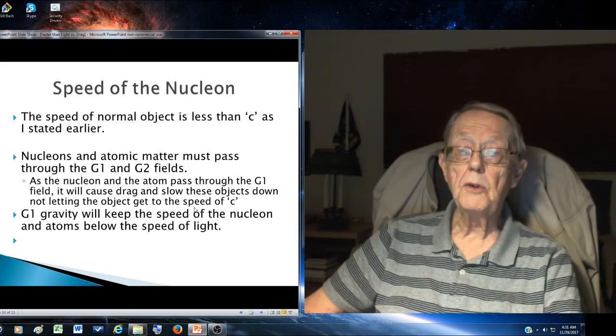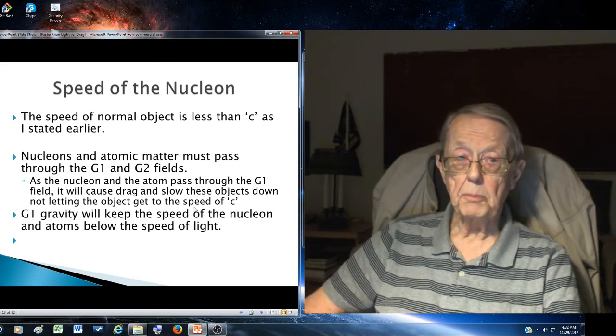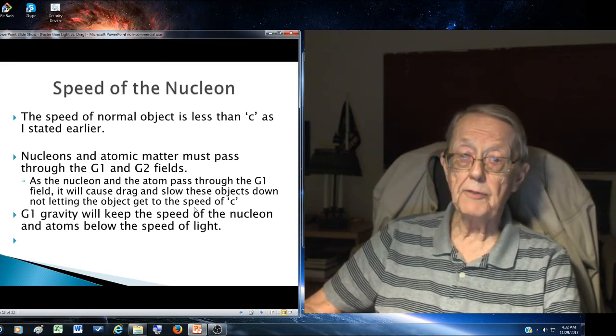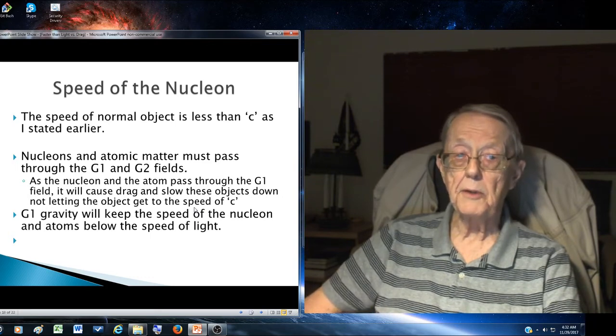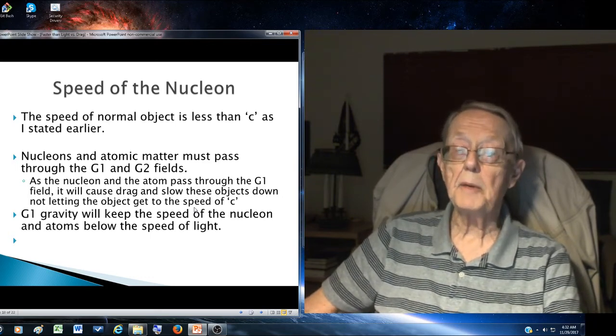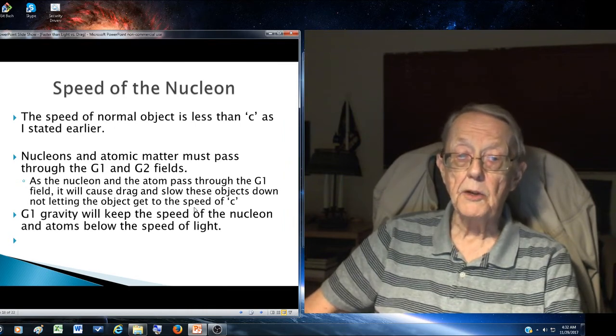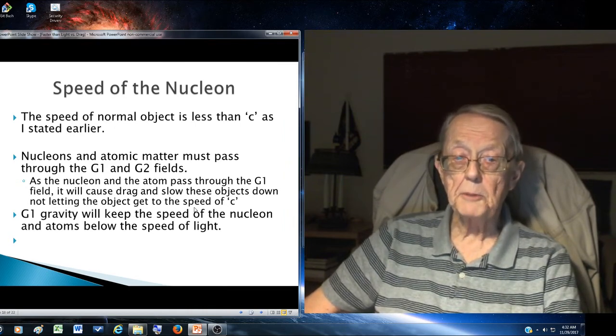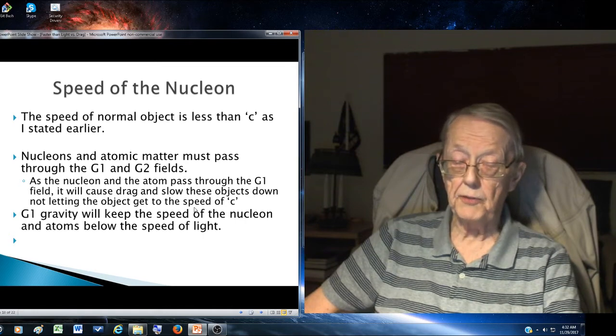The speed of the nucleon, this is the final third particle. We've covered G1 first, then G2. Now the speed of the nucleon is less than c. We see that in the data presented at the beginning. Nucleons in atomic matter must pass through the G1 and G2 fields.